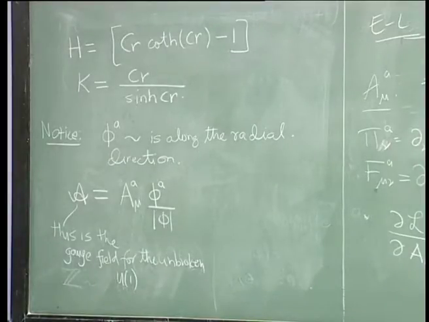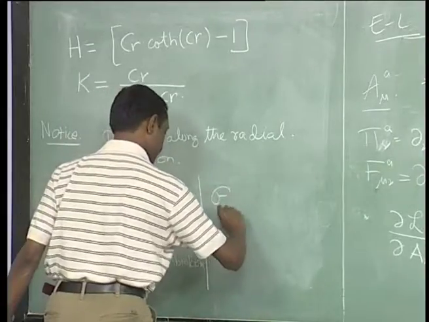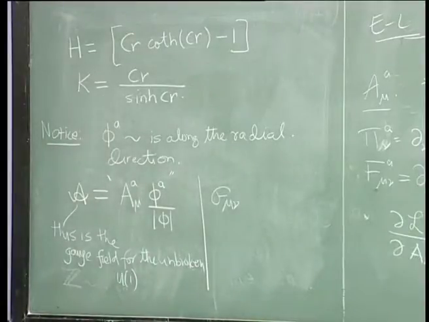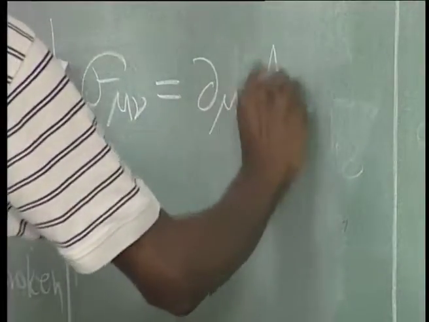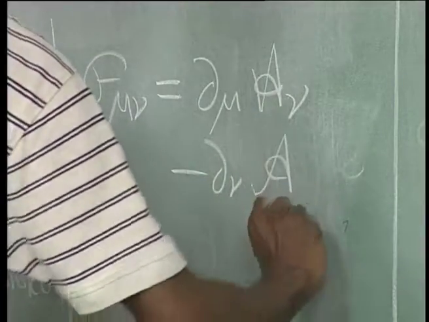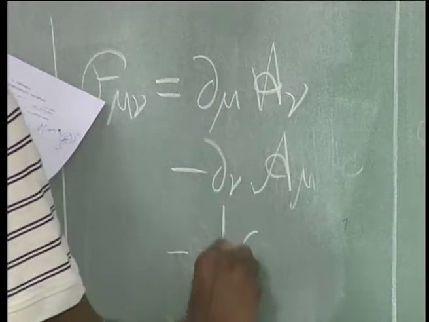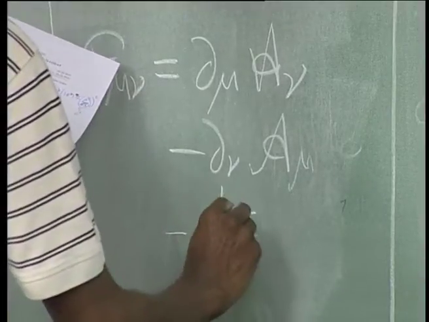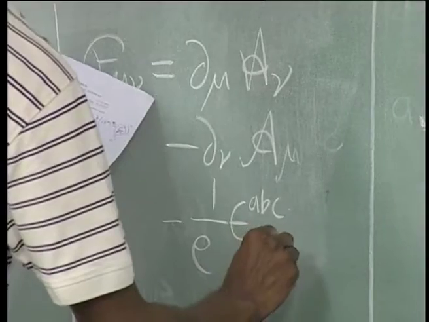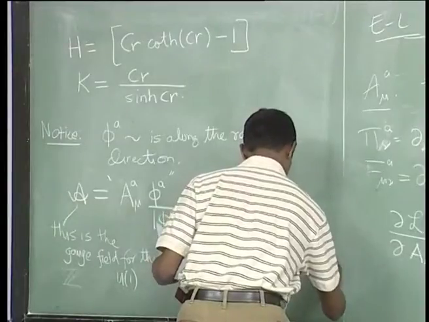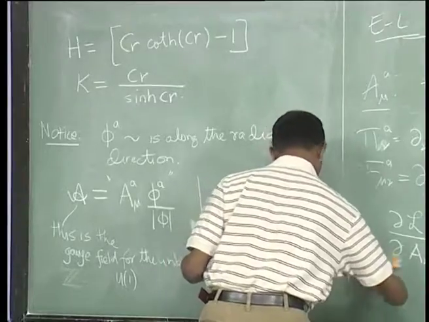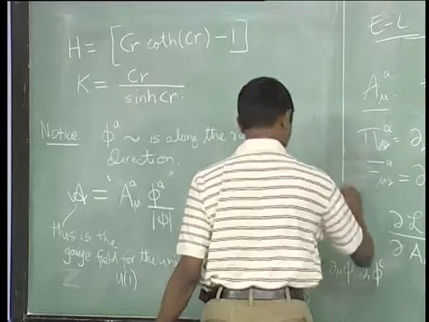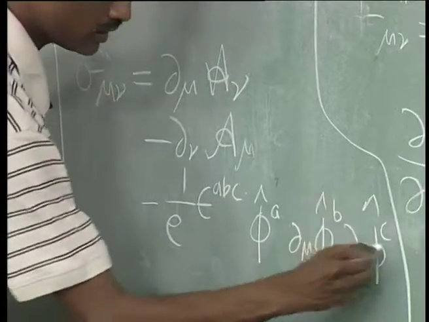Almost, this is almost right. So if you ask what is the field strength, I will put this in quotes because there could be derivative pieces, etc. So the field strength turns out to be this, where the hats correspond to taking unit vectors.